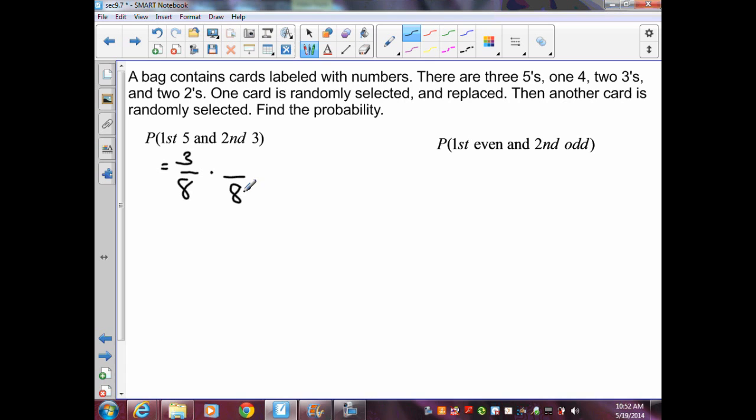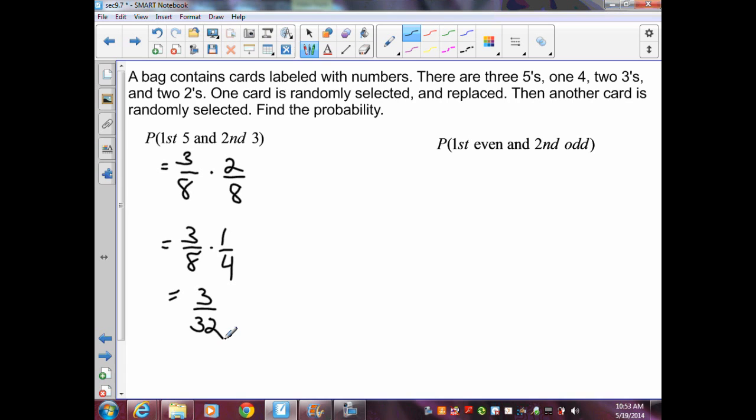I know that this is going to be the probability of pulling a 3, 2/8. And when I simplify, 3/8 times 1/4, I get a value of 3/32.